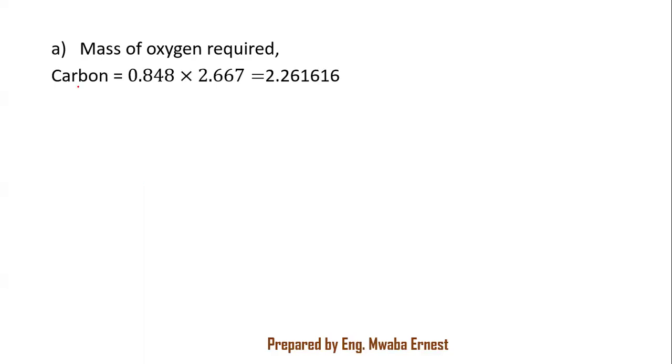I'll have carbon. If you remember the complete combustion of carbon, where you say 1 kg, it's C plus O2, and it gives us CO2 as the product of that combustion process.